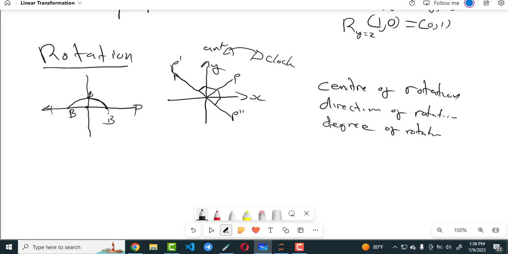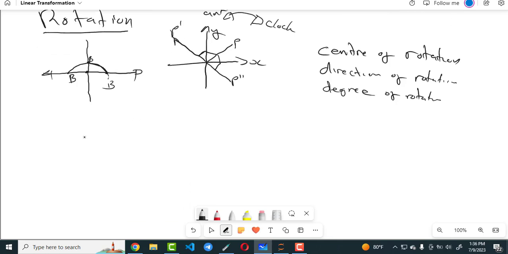Once you know, are you rotating at 30 degrees, 20 degrees, and in which direction? Once you know this aspect, rotation is simple to deal with. Now let us take a look at translation.